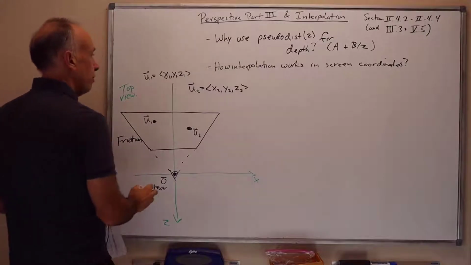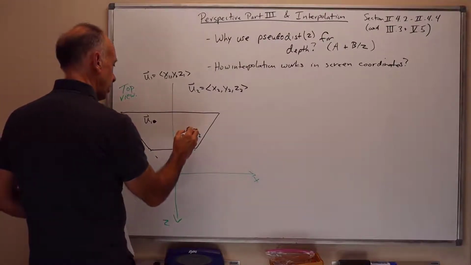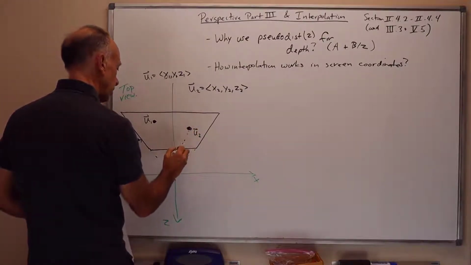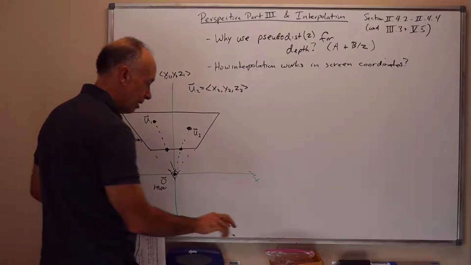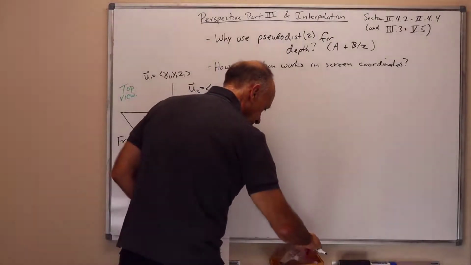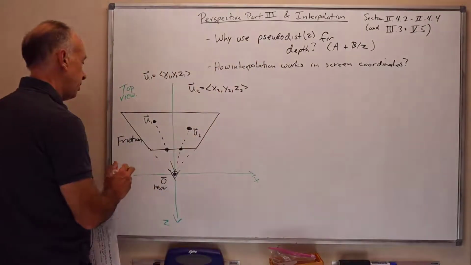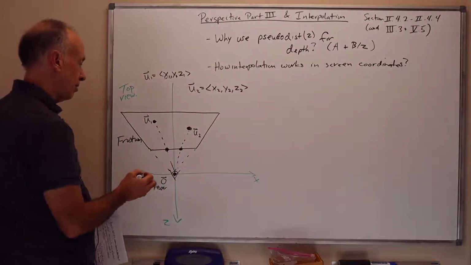And we were projecting these onto the screen with this mapping that mapped us down to U1 prime and U2 prime. Now U1 prime and U2 prime had some interesting form because we had some choices on the z values.